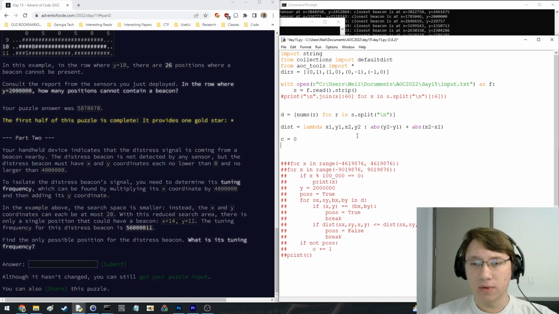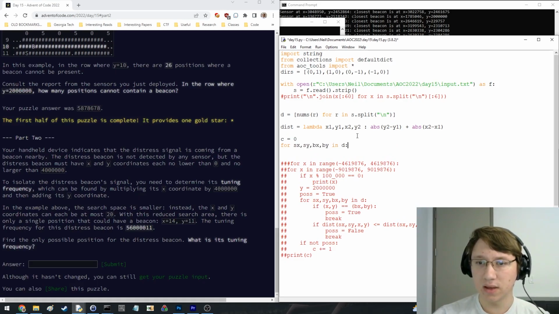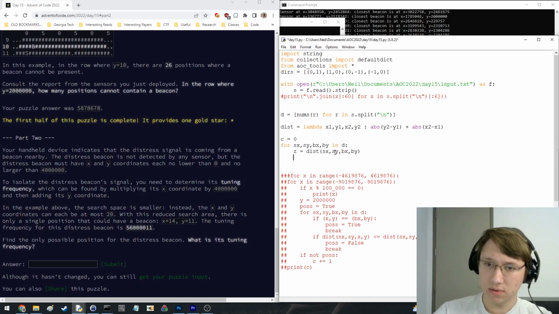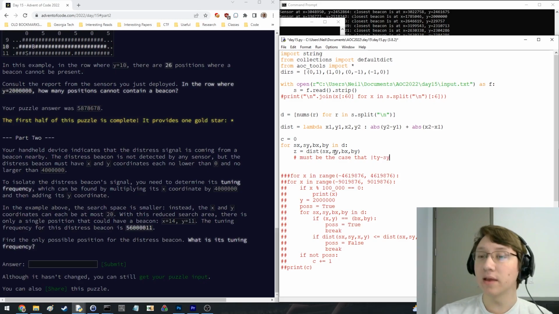Okay, so what we're going to do for sensor x is say it must be the case that ty minus the sensor y plus tx minus sensor x is greater than z, right?